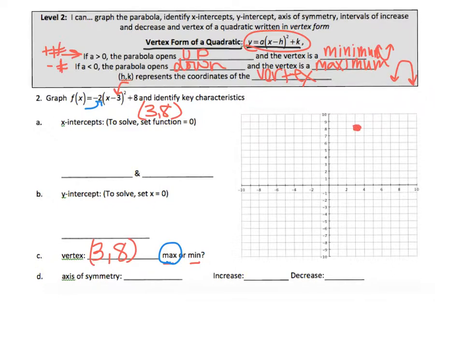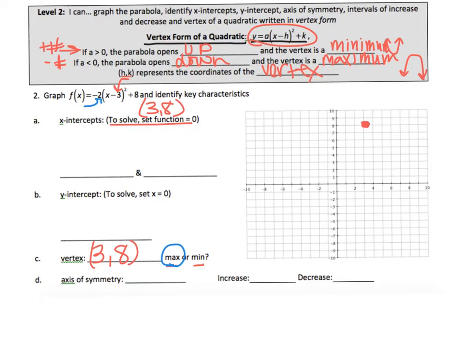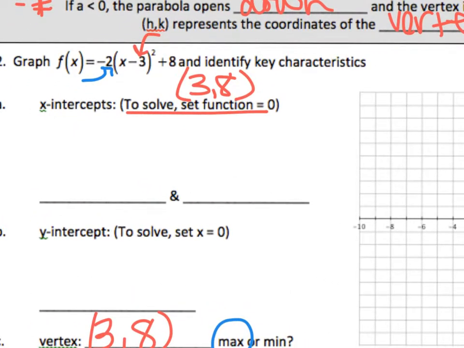Okay. All right, so now I need to know where this graph is going to go. I know it's going to open down, but I just don't know where. So what this says, to find the x-intercepts, we want to set the function equal to 0. So when we set the function equal to 0, it's going to say 0 equals negative 2 times x minus 3 squared plus 8, and we want to solve for x.